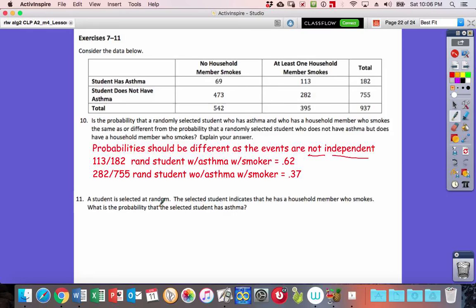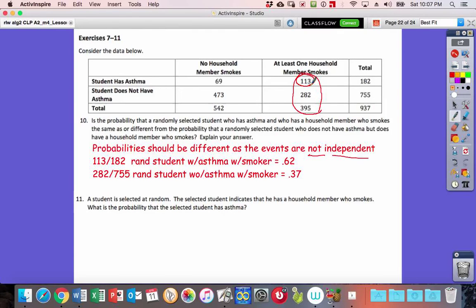Okay, a student is selected at random. The selected student indicates that he has a household member who smokes. What is the probability that the selected student has asthma? Well, if the selected student indicates he has a household member who smokes, so you pick any student and they have someone who smokes, what is the probability that the selected student has asthma?